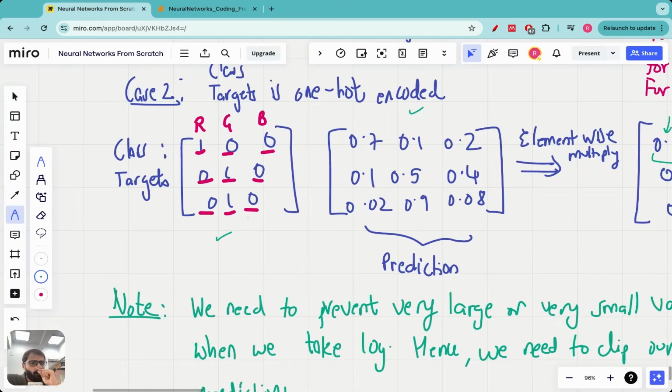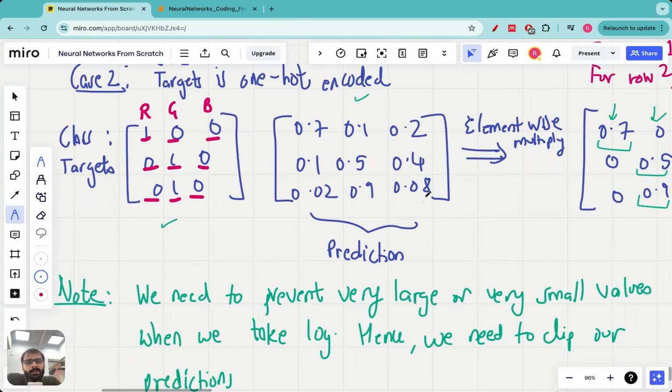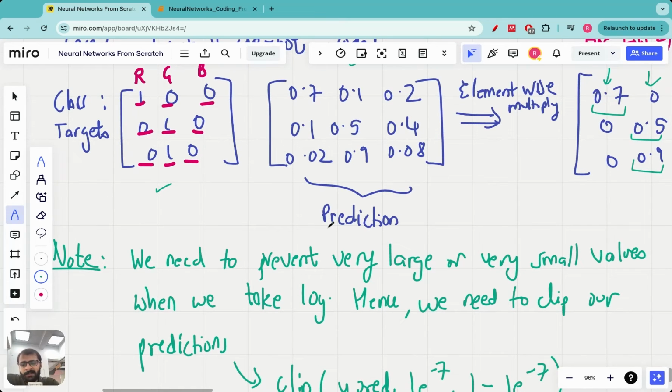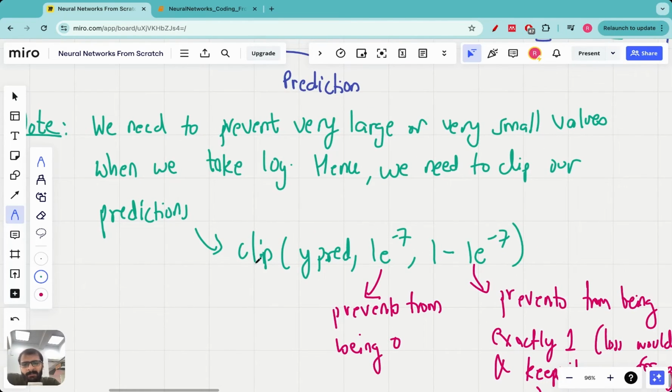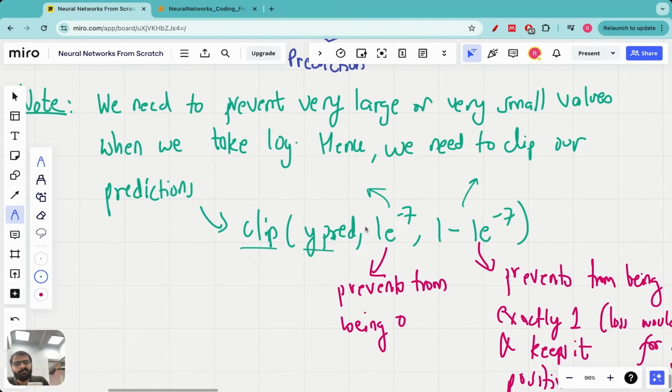Okay, now one more thing we are going to do is that this is the prediction matrix, right? And eventually we will take a log of this prediction matrix. So we need to make sure that we do not have very large or very small values when we take this log. So we will just clip this prediction matrix. What this clip function does is that you give a minimum value and you give a maximum value.